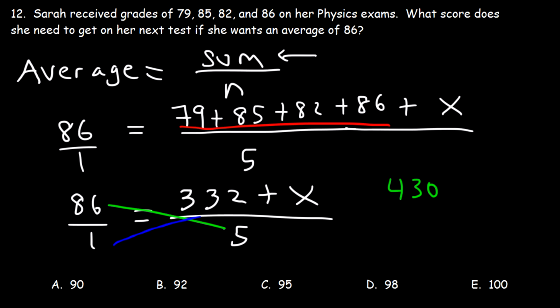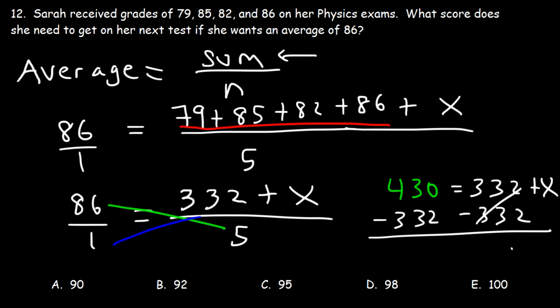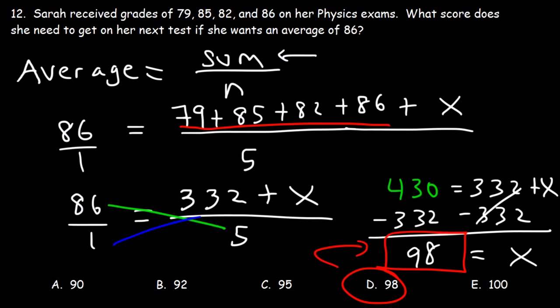And 1 times 332 plus x, well, that's just 332 plus x. So to find the value of x, all we need to do is subtract both sides by 332. So 430 minus 332 is 98. This is the score that she needs on her 5th exam to bring her average up to an 86. She needs to get a 98 on her 5th exam. If she does so, this will be her new average. So D is the right answer.